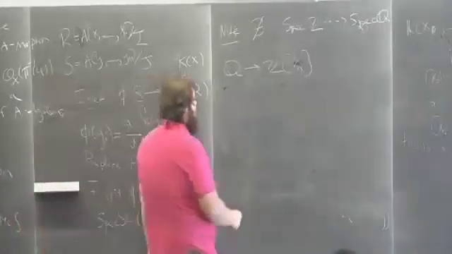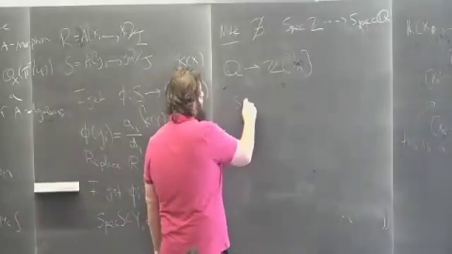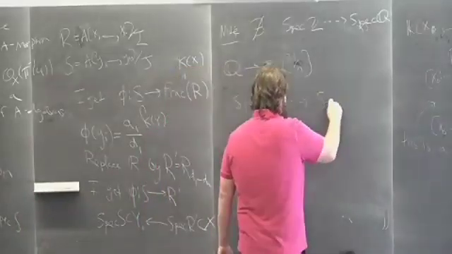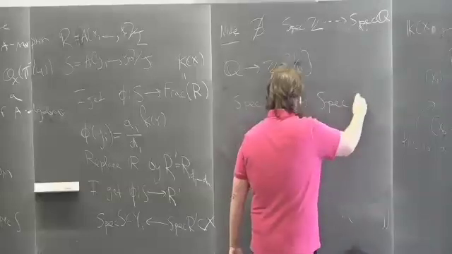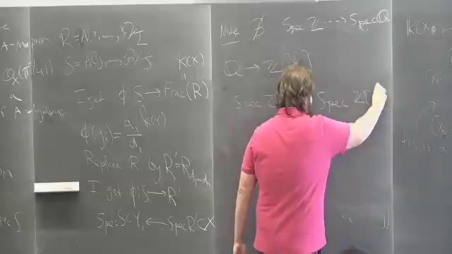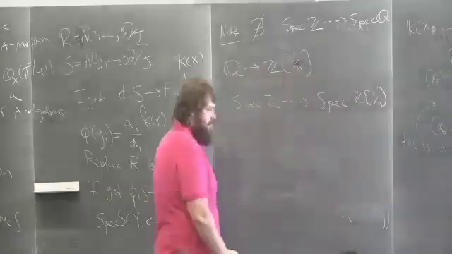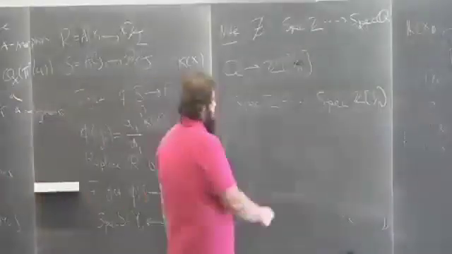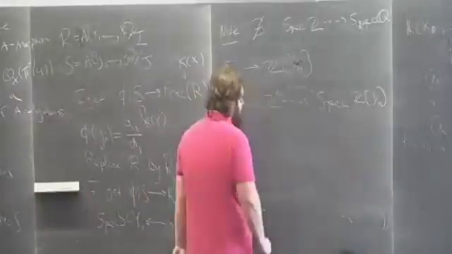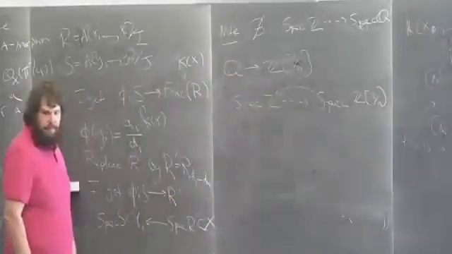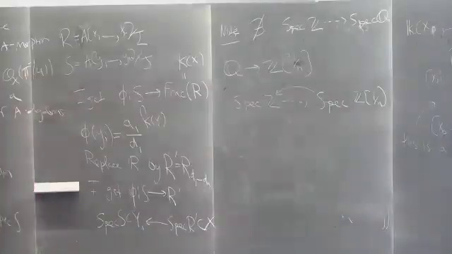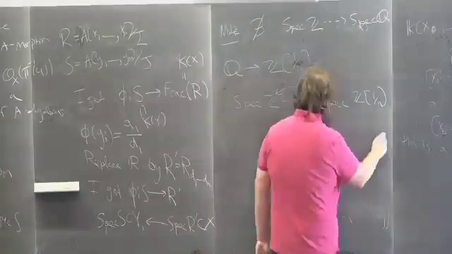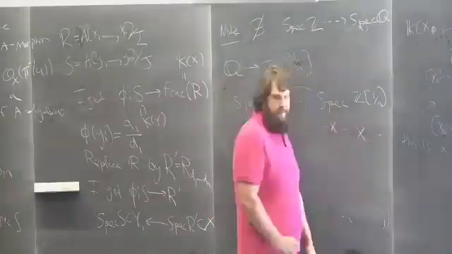So there is a rational map from spec Z to spec Z invert 1 over n, which is just kind of the inverse of the map of schemes this way. Right. This is, I take spec of Z and then I remove all the primes that divide n.